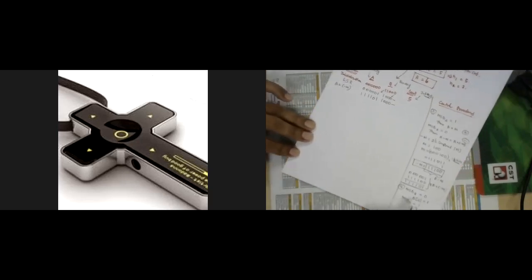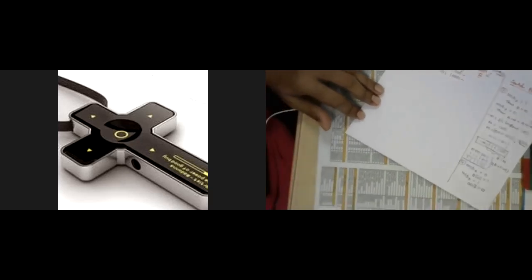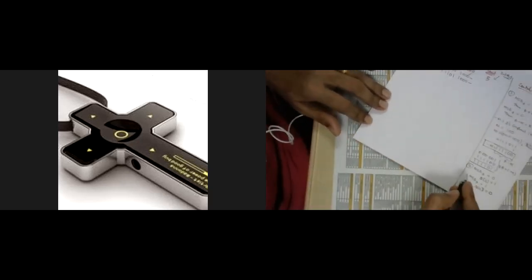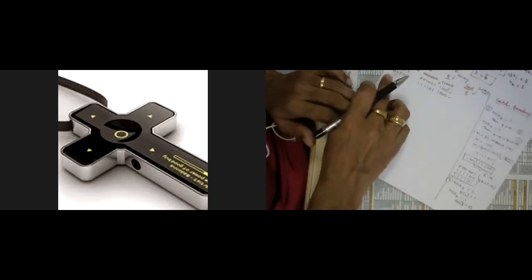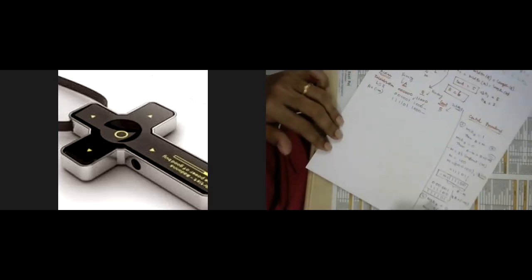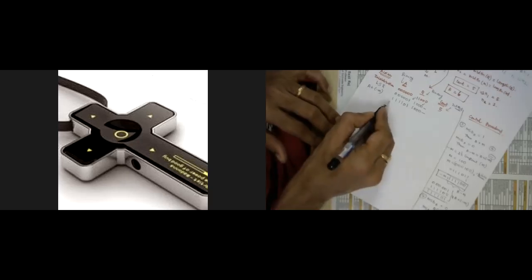We have to follow this rule now, right? So this is the fourth step rule. The fourth step says that after deciding addition or subtraction, if the accumulator value MSB bit is 0, then the Q of 0 equal to 1. If the MSB bit is 1, then the Q of 0 equal to 0. Here, the MSB of the accumulator is 1.